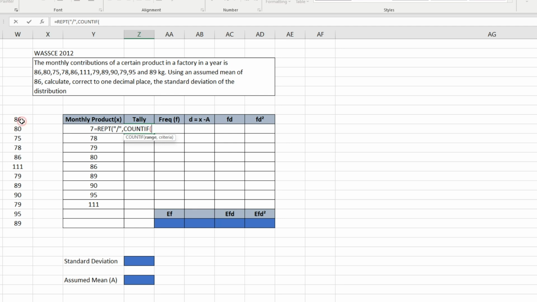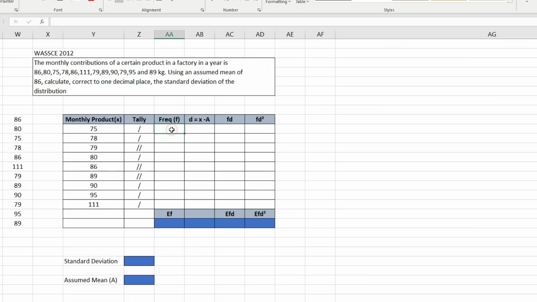So I'm going to select this range here, and then comma. Then my criteria is this one here. Then I will Control Shift Down so that I can select all of them, and then close it, and close it one more time. And when I press enter, you can see that our tally is given here nicely.